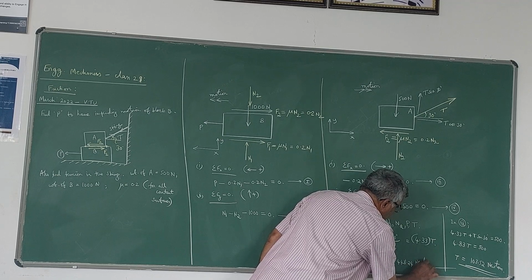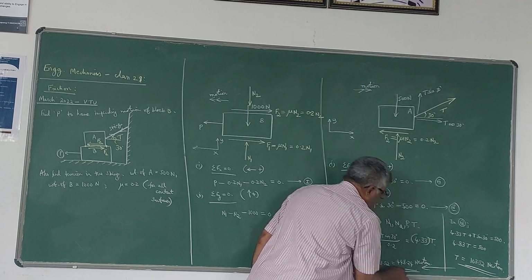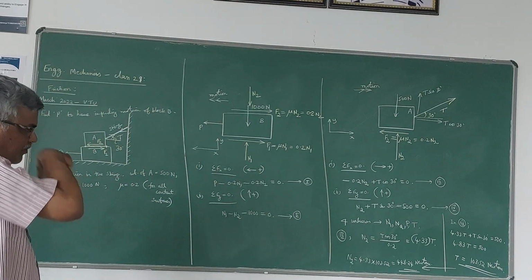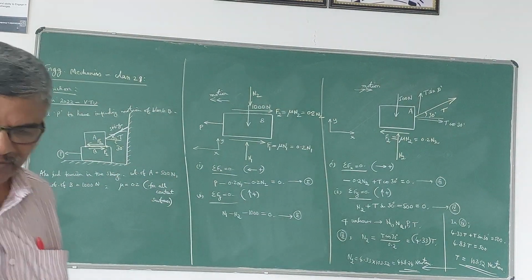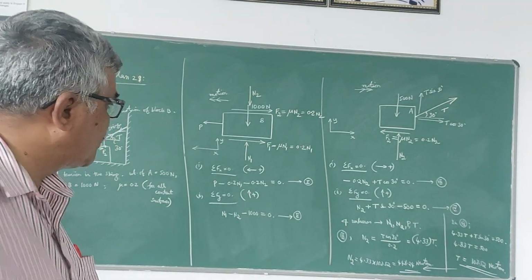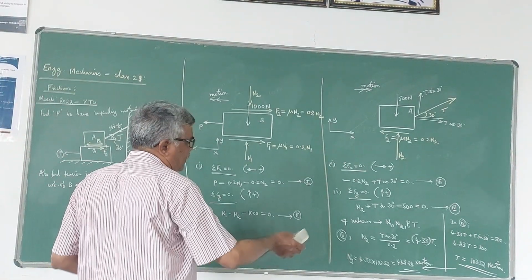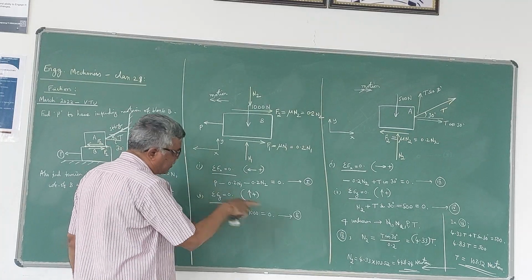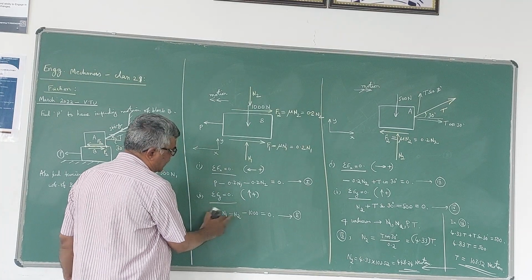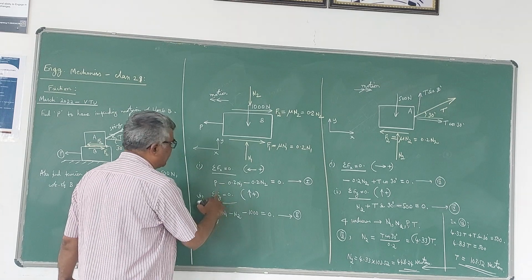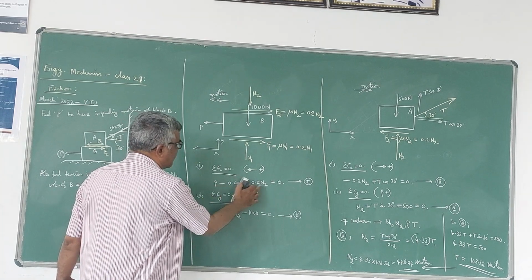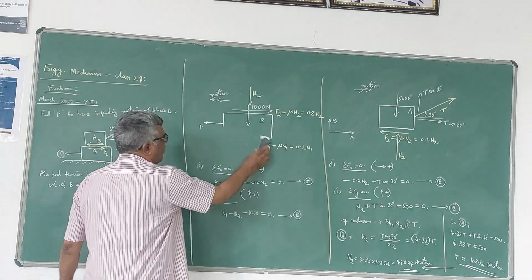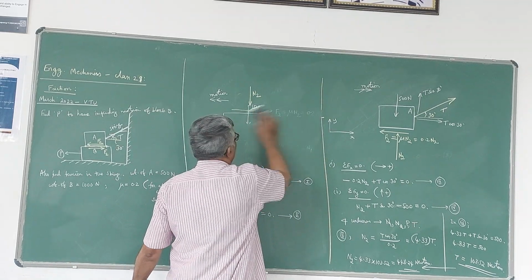So this is the value of N2. So N2 and T values we have got using equations 3 and 4. Now once you know N2 and T values, you can substitute that N2 value here to get the N1 value, and then substitute the values of N1 and N2 here to get the P value. Then we get all the 4 unknown values.